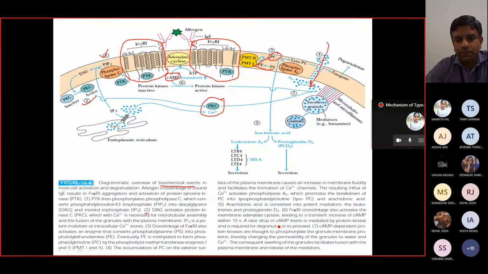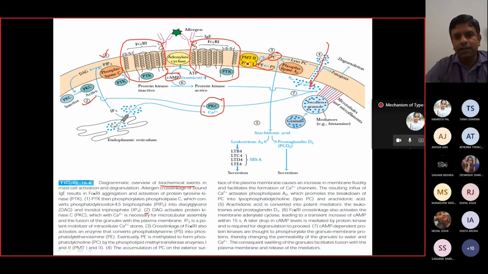A later drop in cAMP level is mediated by protein kinase and is required for degranulation to proceed. Okay, so cAMP level बढ़ेगा तो degranulation process शुरू होगा. Okay, so if you remember हमने जब एपिनेफ्रीन की बात करी थी तो हमने कहा था एपिनेफ्रीन cAMP levels को घटाएगा, right? It does the opposite.